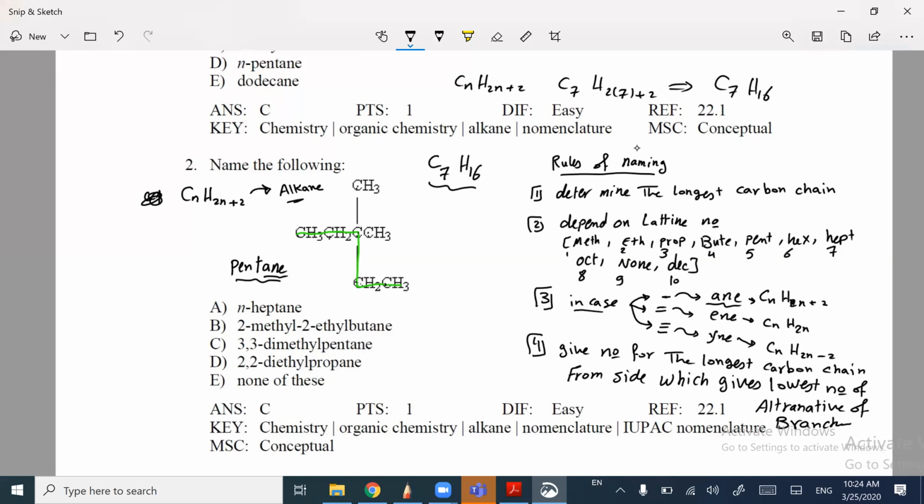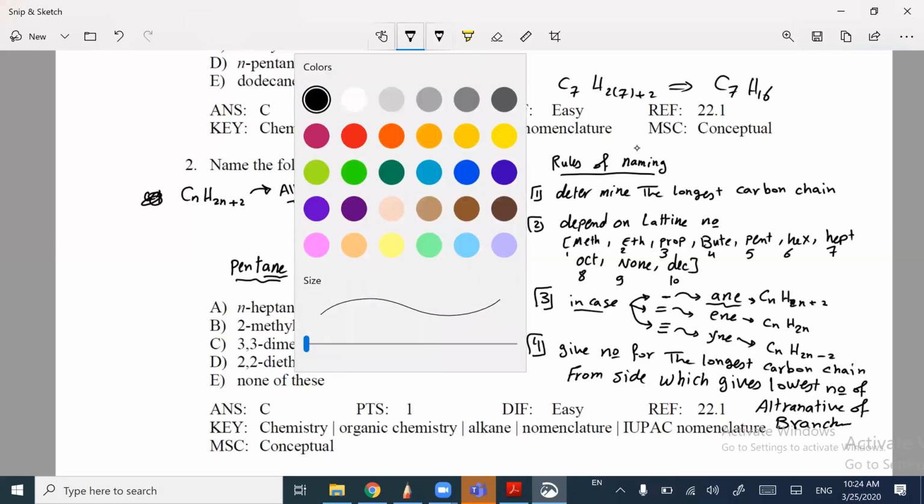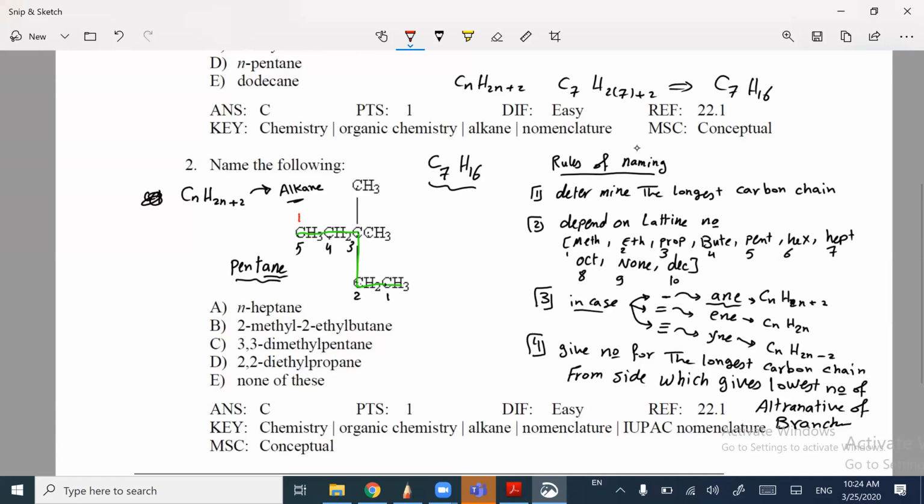Okay, maybe we'll start the numbering from this side: 1, 2, 3, 4, 5. Maybe start from the other side: 1, 2, 3, 4, 5.